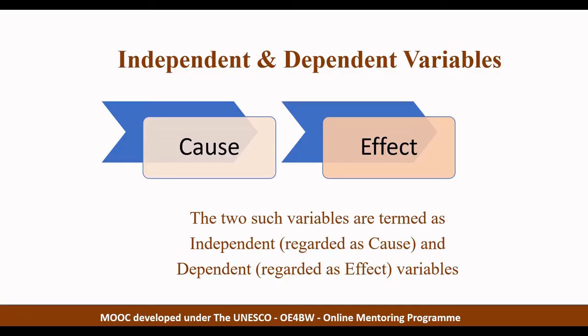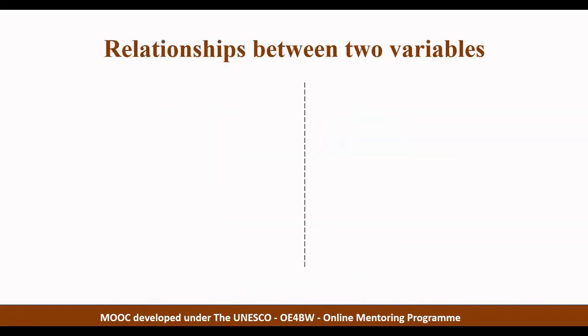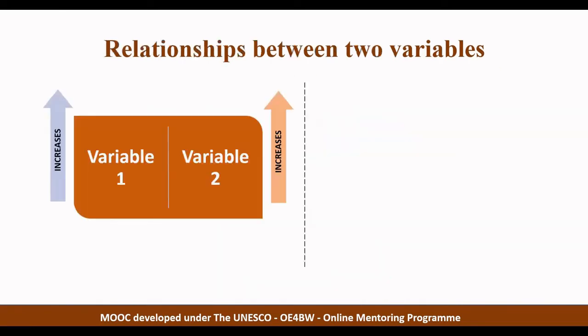Such two variables can have different types of relationships between them, like if one variable increases in its magnitude, correspondingly the magnitude of the second variable also increases. As we say, they are directly proportional. This relationship is called positive relationship.